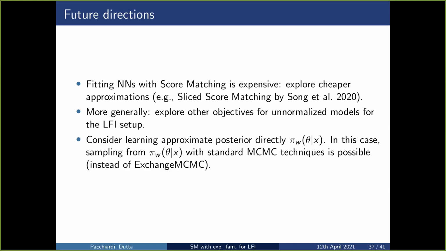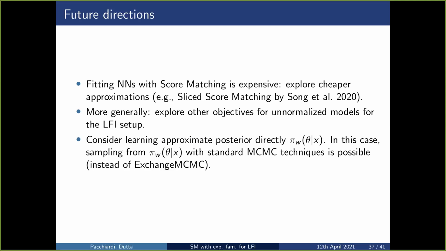So in this case, what we did was fit this exponential family to approximate the likelihood function. We can also try to do the same directly, approximating the posterior. The benefit is that you are then using score matching on the parameter space rather than on the data space, where the data space is fairly large.